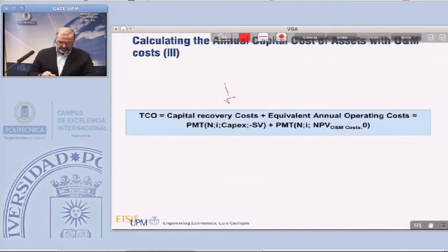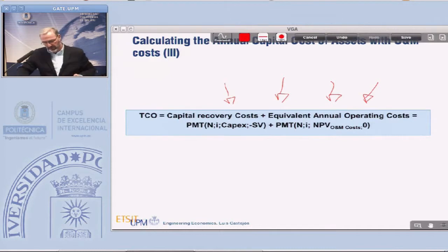So please remember this formula, because sometimes in your future professional life you will be asked to use it, or you will have a chance to demonstrate your professional qualification, because you will be able to calculate that.